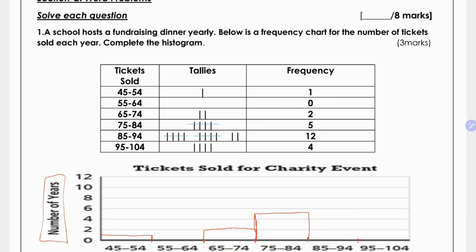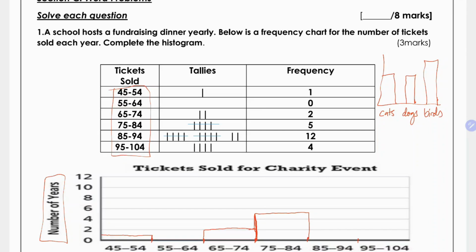Go across, go down, and it's joined together because it's continuous data and it's one category, as opposed to a normal bar chart. So, for example, if we had different categories like cats, dogs, birds, the bar charts won't be joined together because they're different categories.